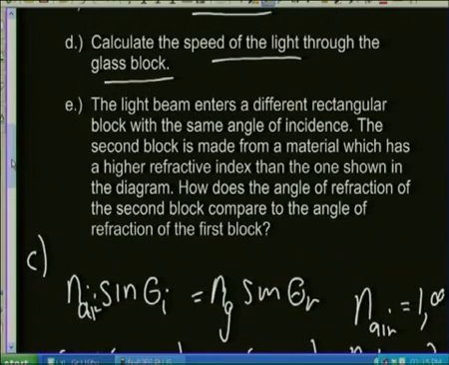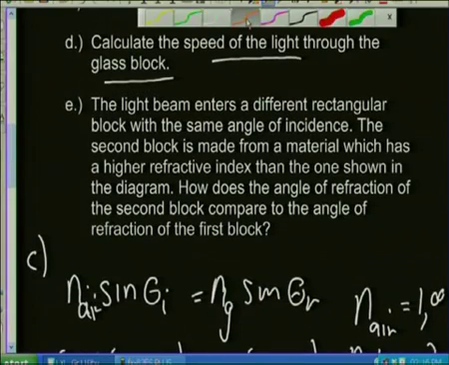Light isn't traveling as fast as it was previously because it's gone from air, where there's nothing stopping it from moving, to glass, where there's a material that hinders the motion of light through it. So we've got that one sorted, and I hope you can see that this isn't taking us too long to get through. But let's have a look at the next one.